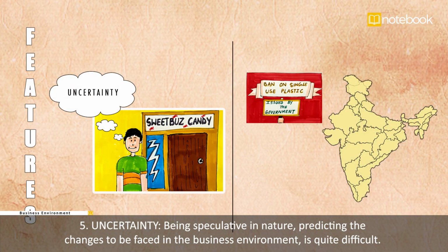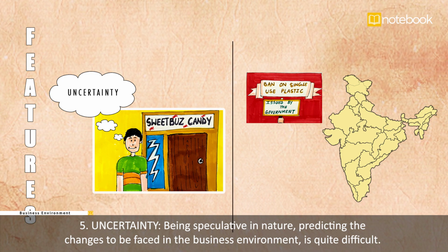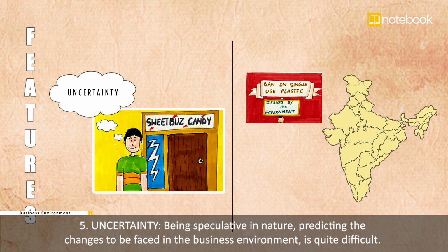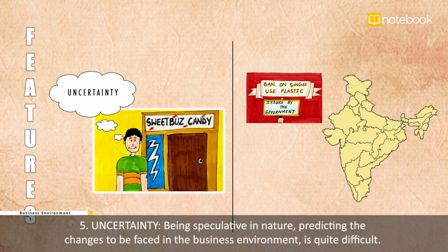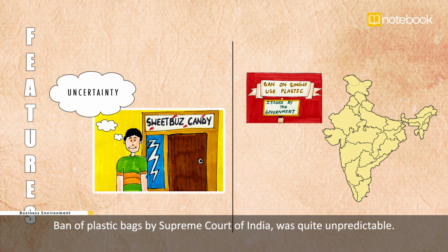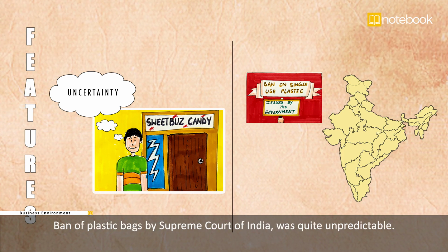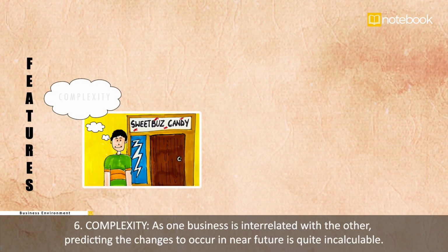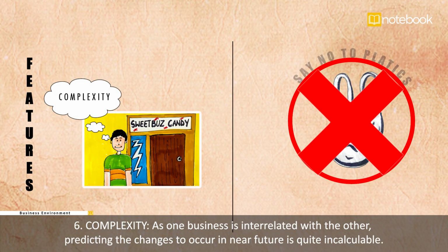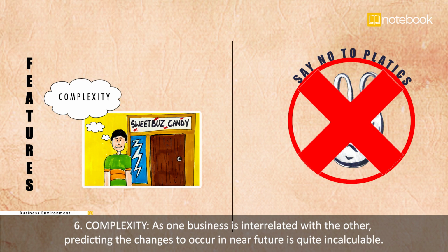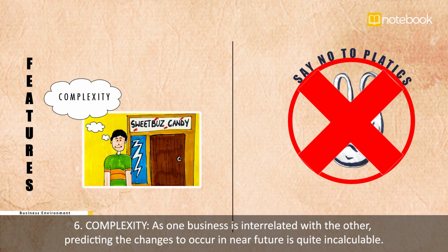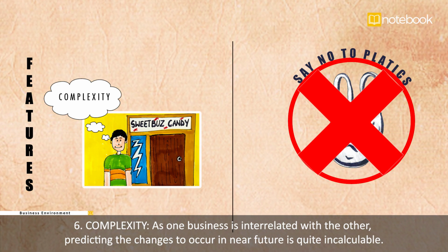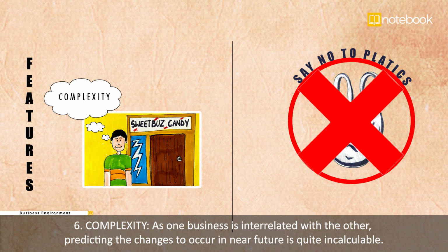Uncertainty. Being speculative in nature, predicting the changes to be faced in the business environment is quite difficult. Ban of plastic bags by Supreme Court of India was quite unpredictable. Complexity. As one business is interrelated with the other, predicting the changes to occur in near future is quite incalculable.